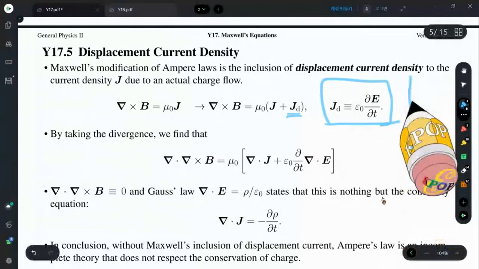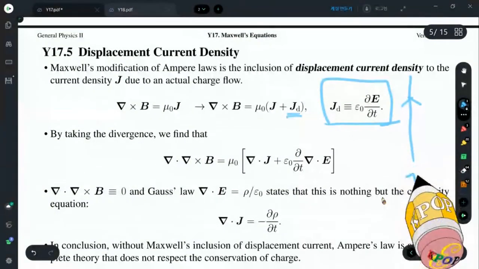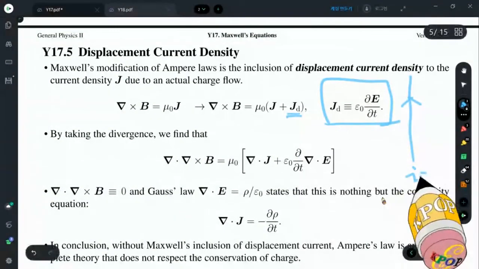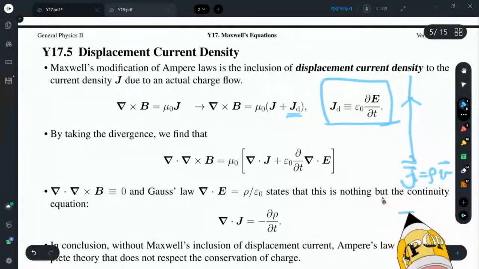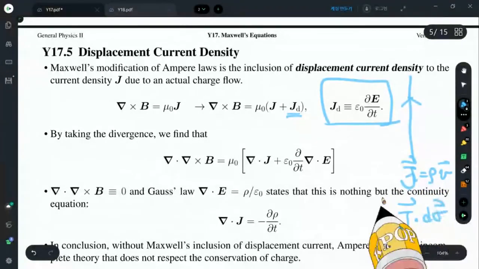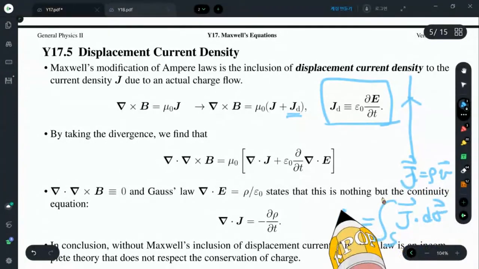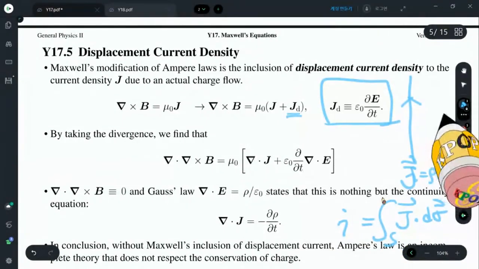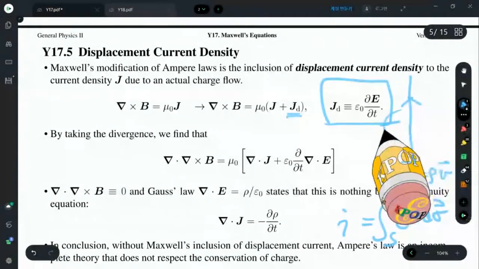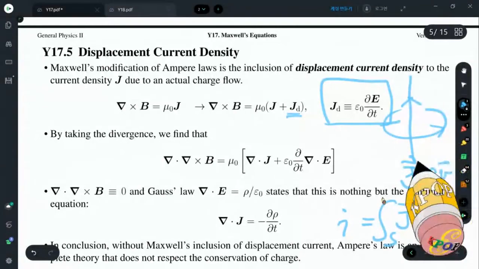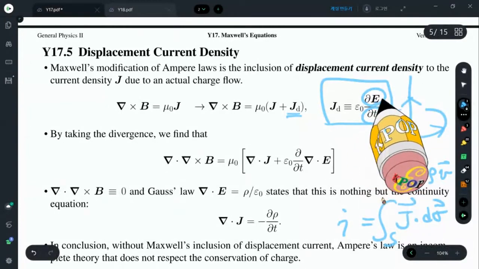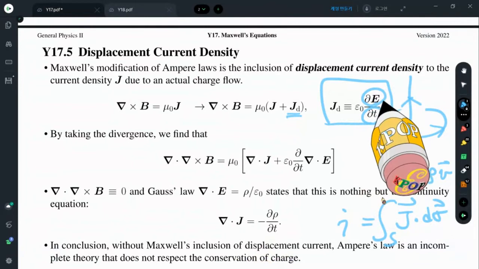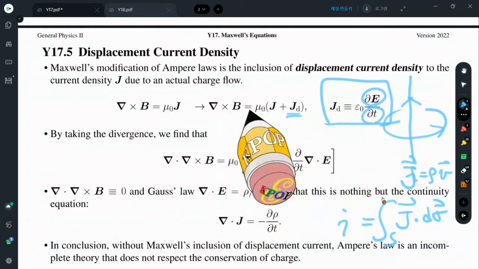In fact, current flowing along a wire, the actual current, involves rho times v, which is a current density, and the current density integrated over a surface is a current. We know very well, based on Ampere's law, that a magnetic field is generated around a current flow. However, a time variation of the electric field can also create a magnetic field.